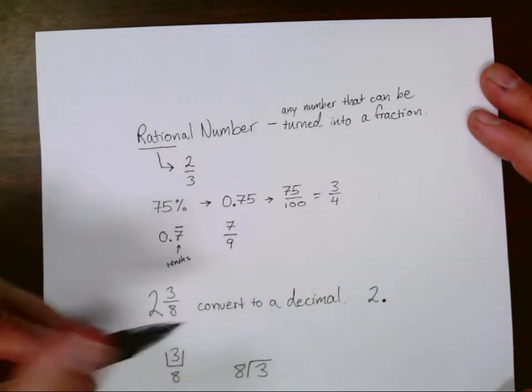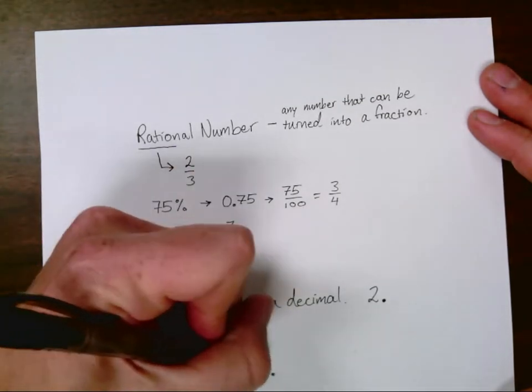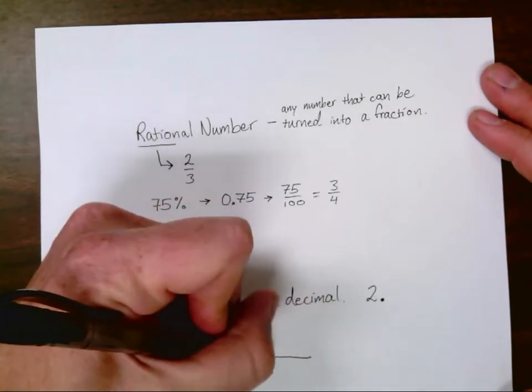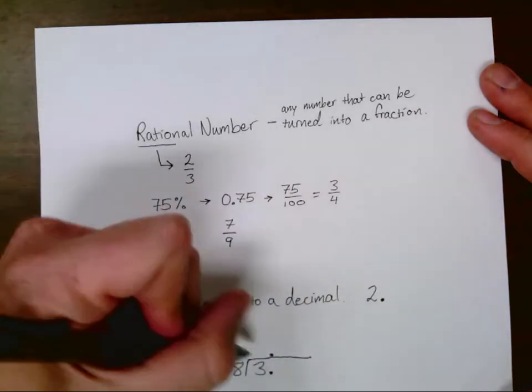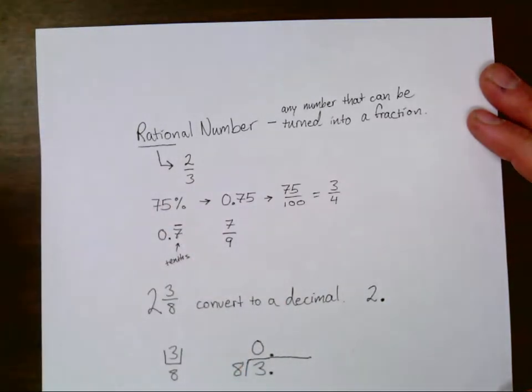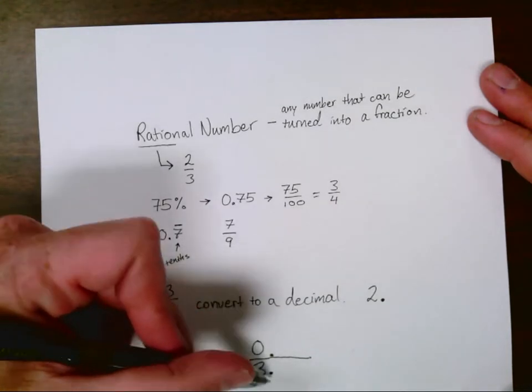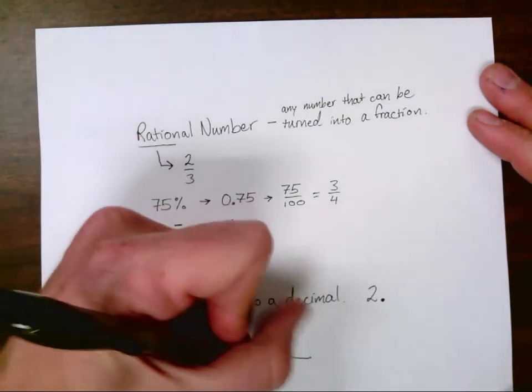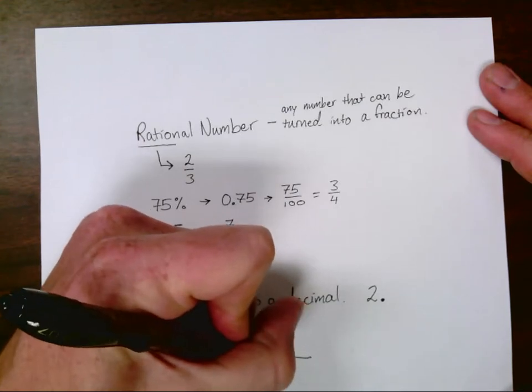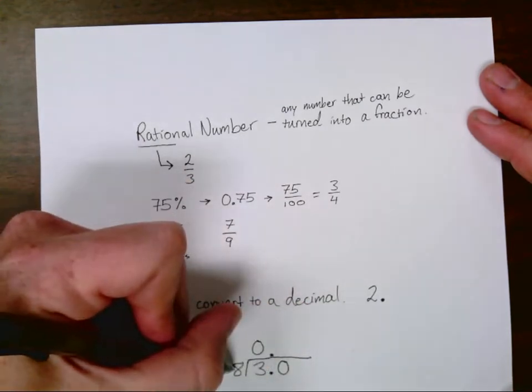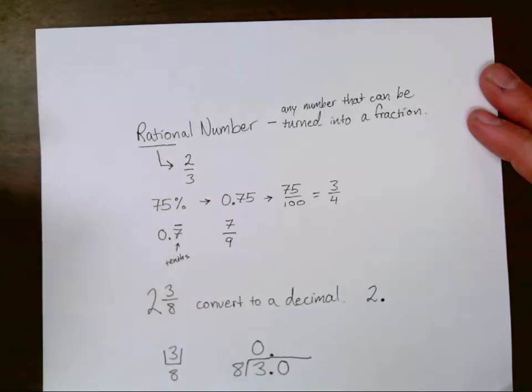But 8 can't go into 3, and so this is where I'm going to have to add a decimal point and use long division to actually get the decimal that's the equivalent of 3/8. So first, 8 doesn't go into 3, so I put a 0 and add my decimal point here. Now I can add a 0 here, and after the decimal point I can do 8 going into 30.